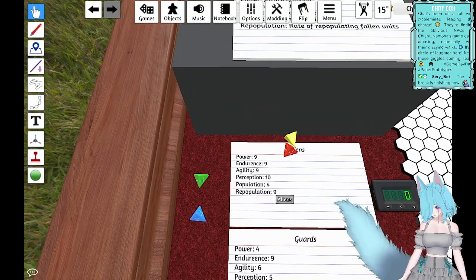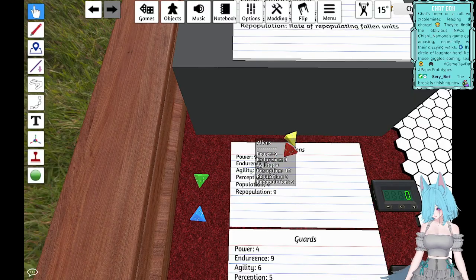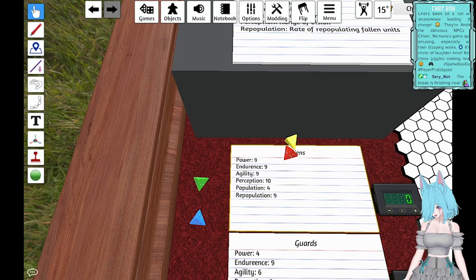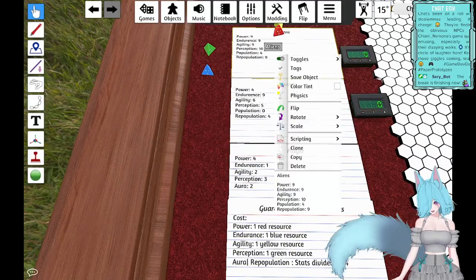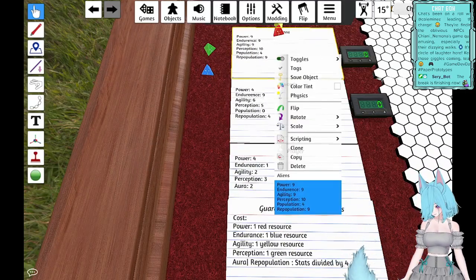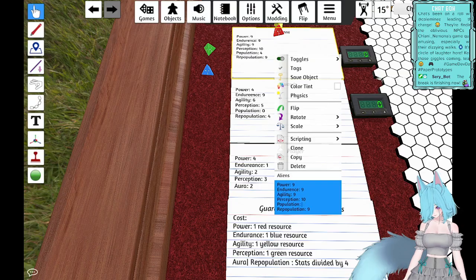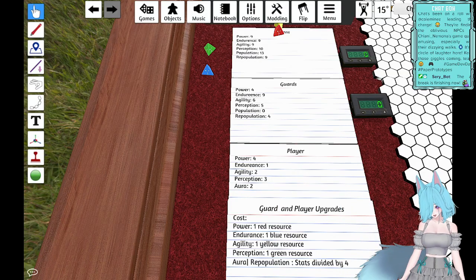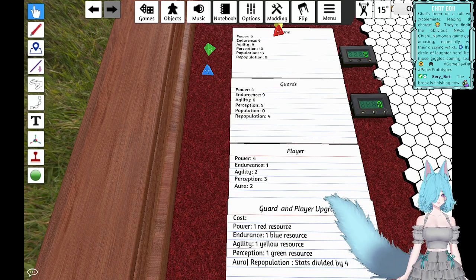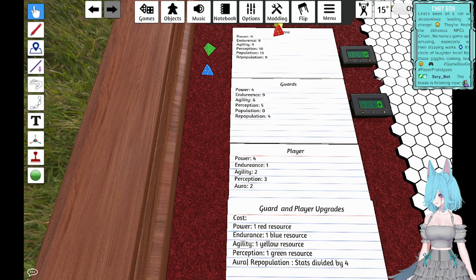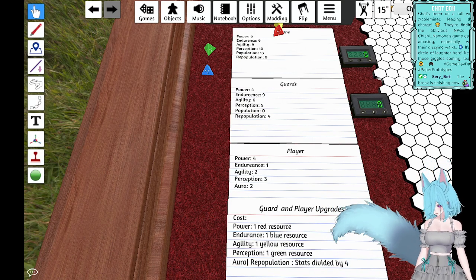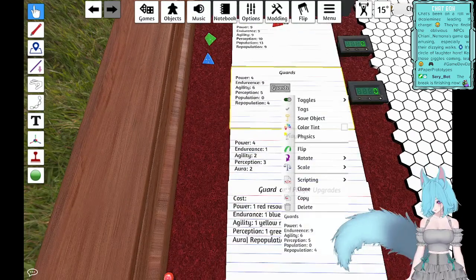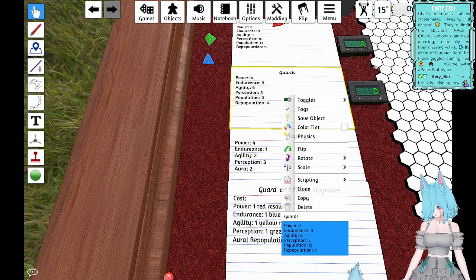So, we're dealing with... Dang, we're dealing with 13 aliens now. Which means we need kills. And we have 4 guards. 4 guards versus 13 aliens.